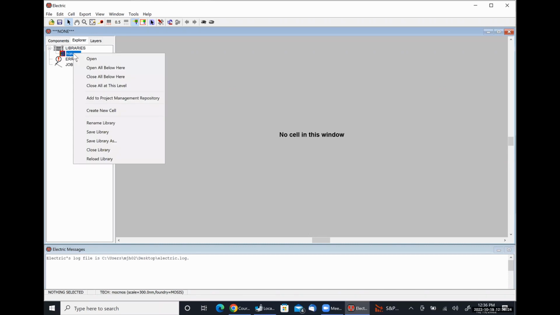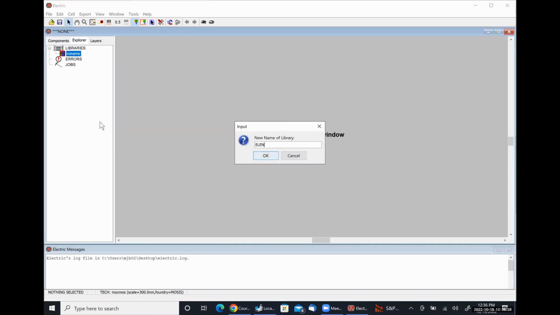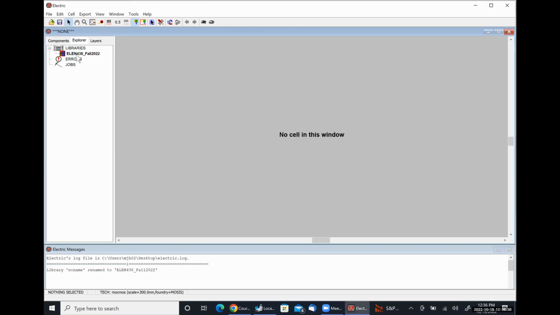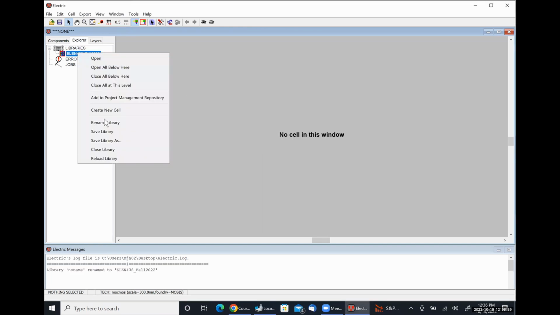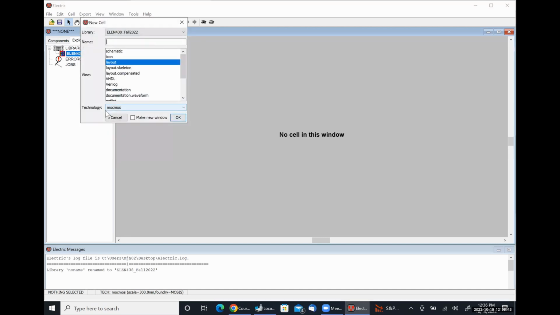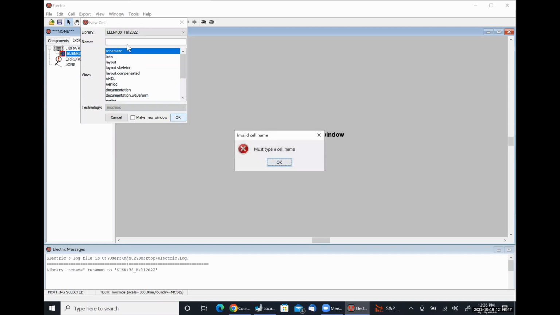All right, so I'm going to rename this library and call it ELEN 438 fall 2022, because that's what this class is and when it is. And the first thing that we're going to do is play around with some simple circuits in order to figure out what our parameters for our MOSFETs are.